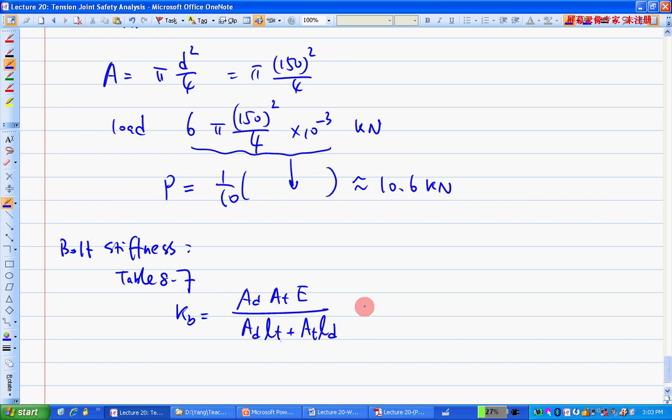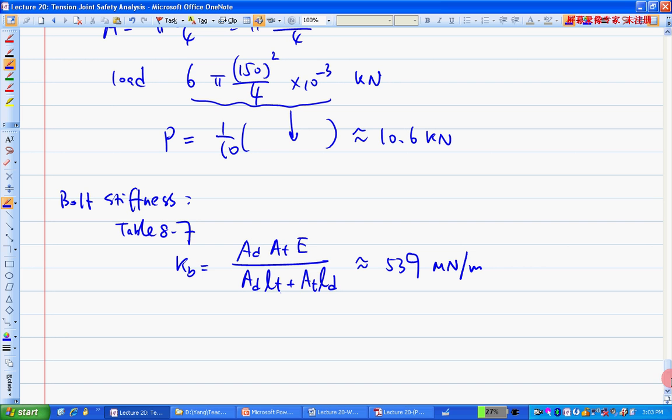That's going to be approximately 539 meganewton per meter. That's going to be the kb value. So do the exercise of finding kb. Same thing for the member stiffness.